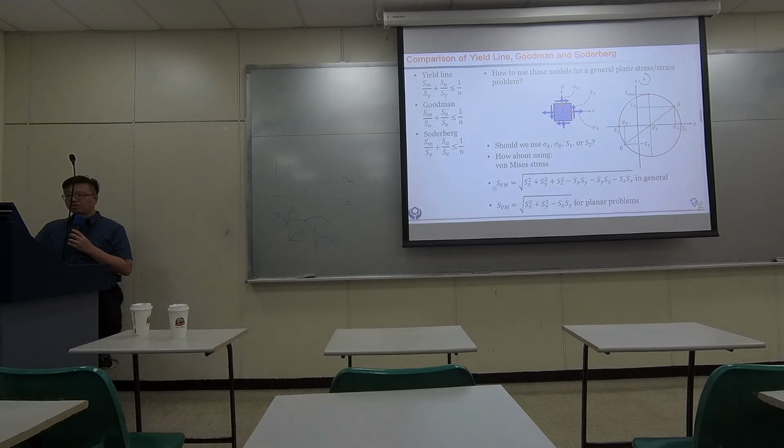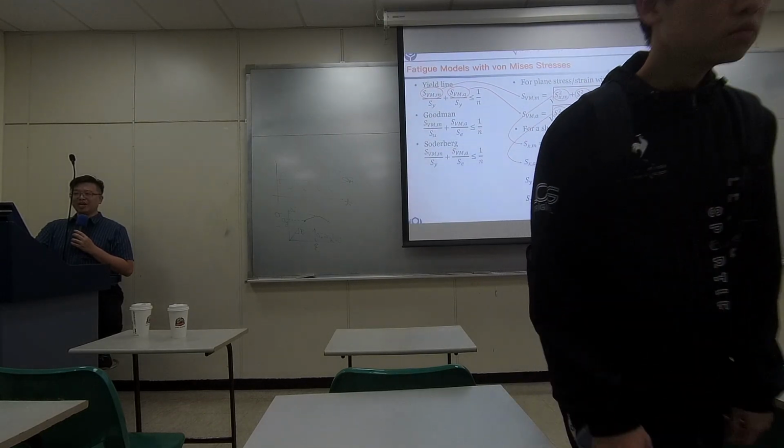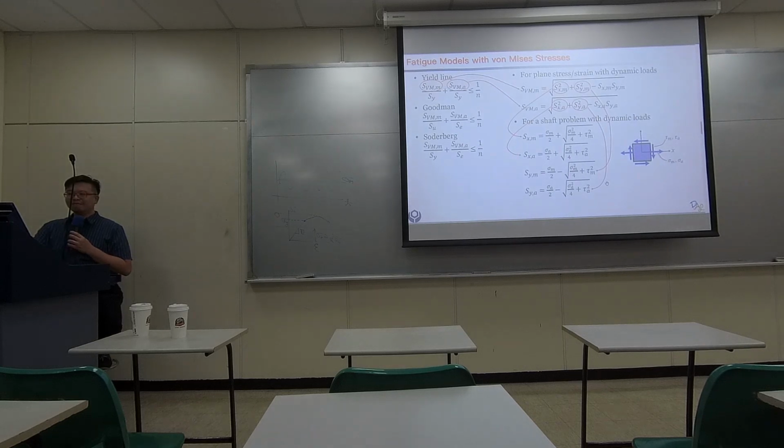Okay, so the von Mises stress, the general equation looks like this. This was derived yesterday when we talked about the maximum distortion energy model. And this is a shorter expression when the stress along the z direction equals 0. Okay. Now, here's how we plug in everything.